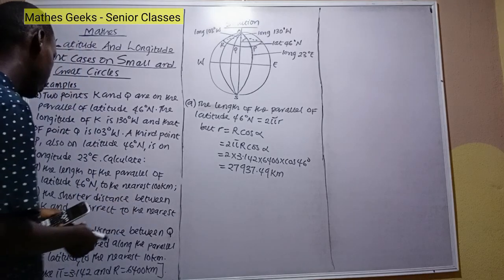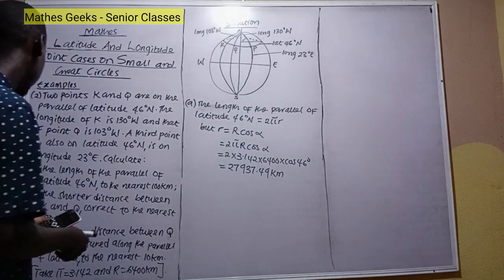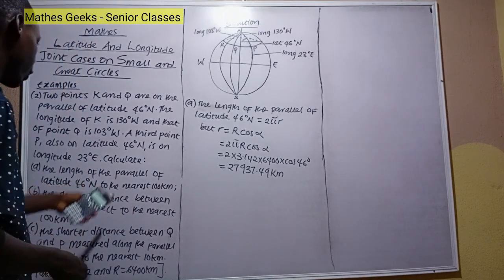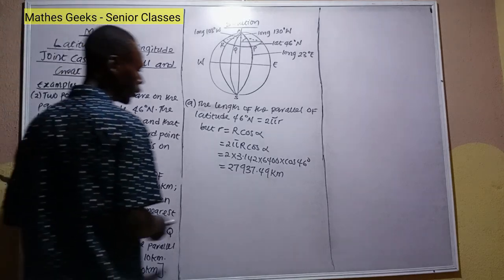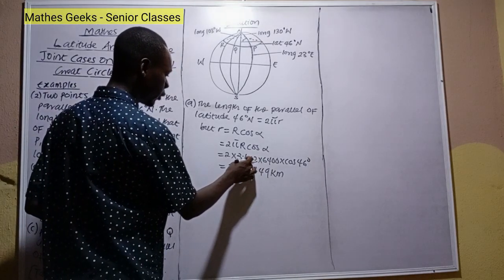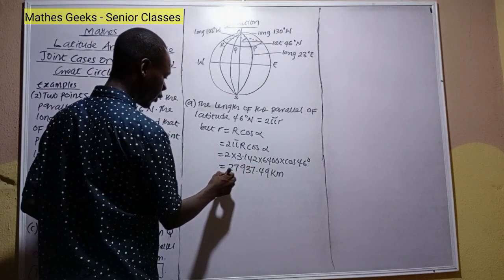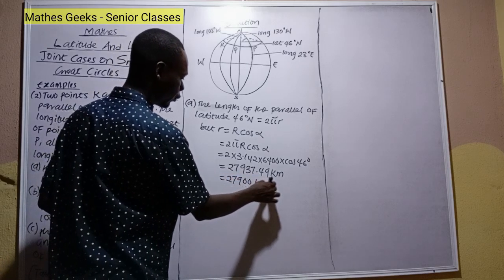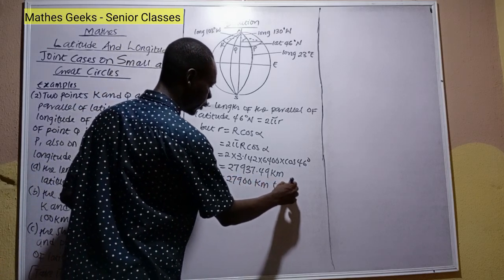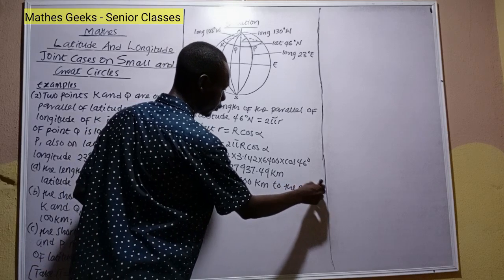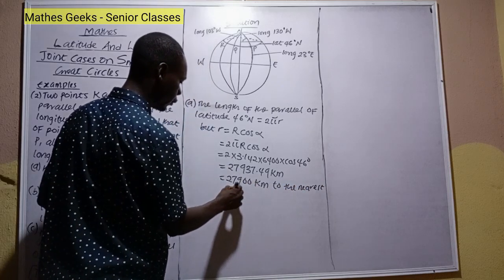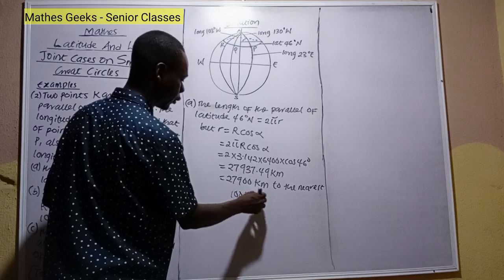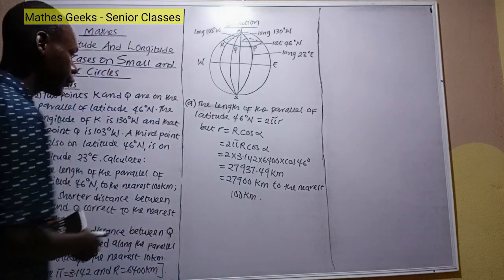The A part says the answer should be correct to the nearest 100 kilometers. So the answer will be 27,900 kilometers to the nearest 100 kilometers. So that's A.